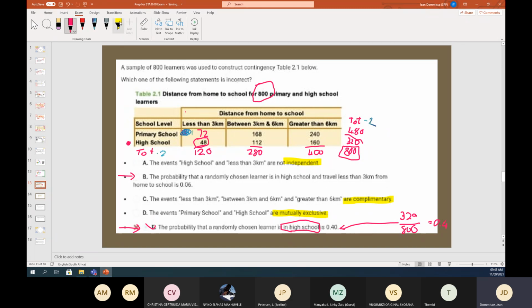Okay, so how I also do this is to make it easier for myself. They're asking us high school and less than 3 kilometers. So I like to do it this way. So it's high school and less than. Then I know it is where the 2 cross, and that is 48.